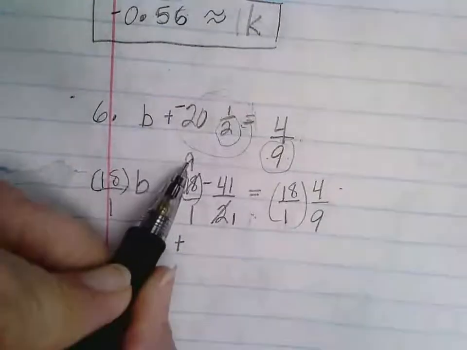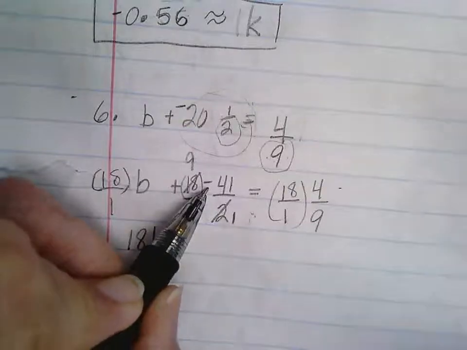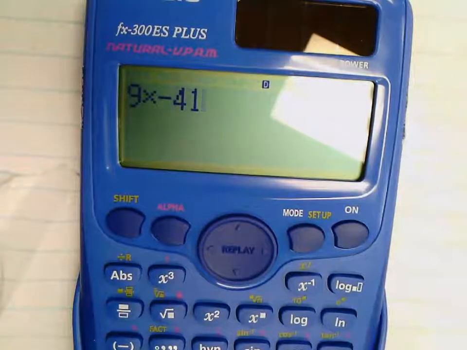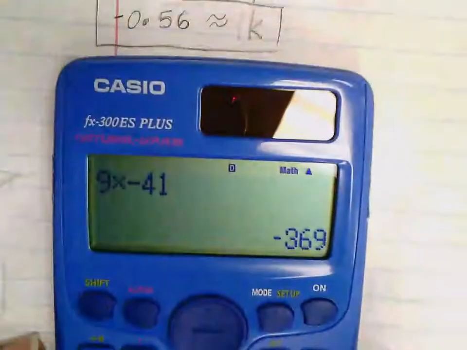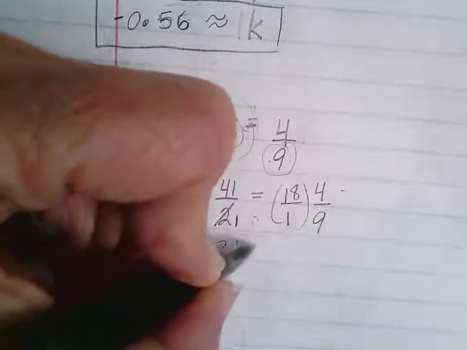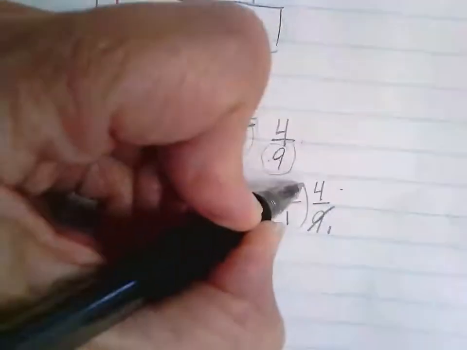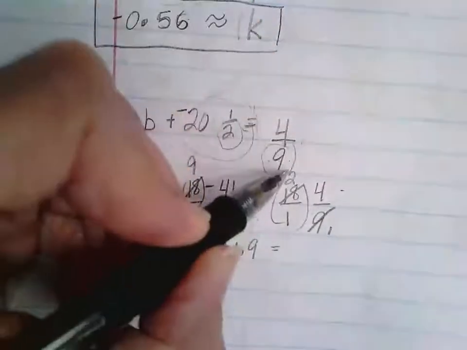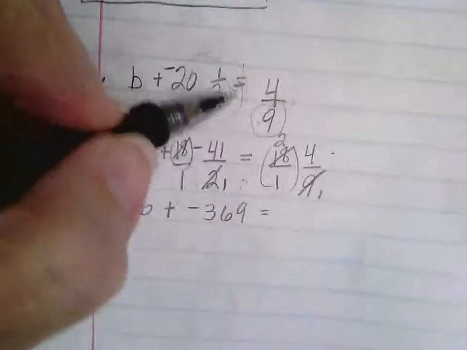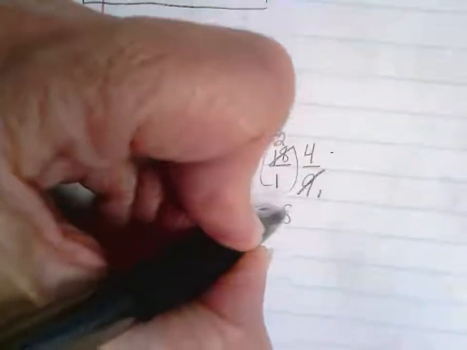So now I have to multiply 9 times negative 41, and when I do that I get negative 369 is equal to, and right here I'm going to cancel. 18 divided by 9 is 2. So on the right hand side, I'm now going to multiply 2 times 4, and that's going to give me 8.